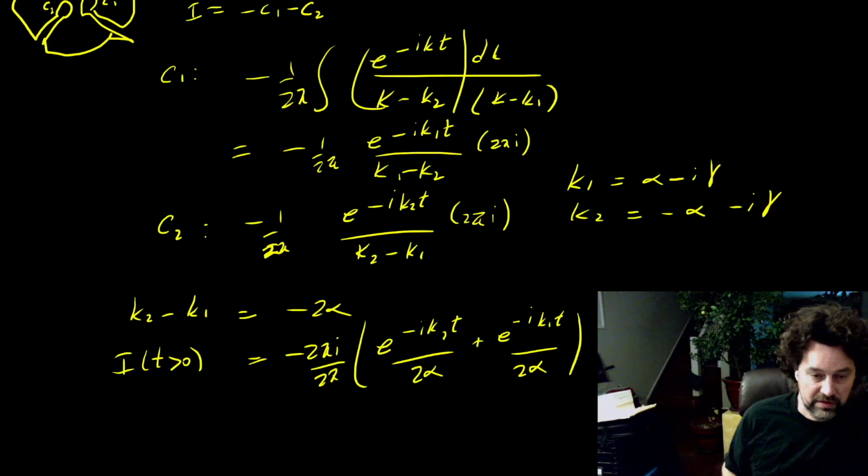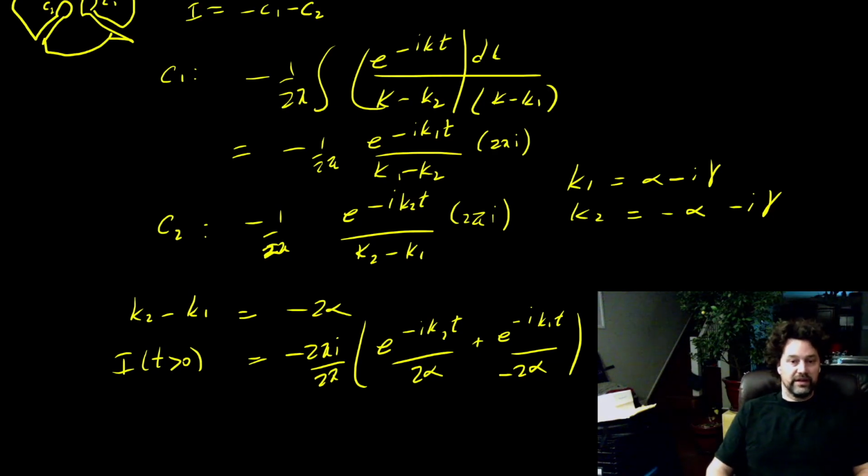So this is minus c1 minus c2, and there should be a minus sign on this one, if I got it all right. So k1 minus k2 is 2 alpha, and that means that we have a minus and a plus. Plus is minus times minus. All right, we're good.